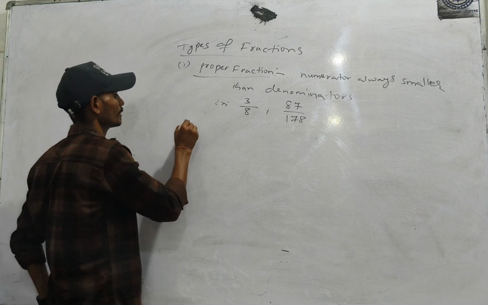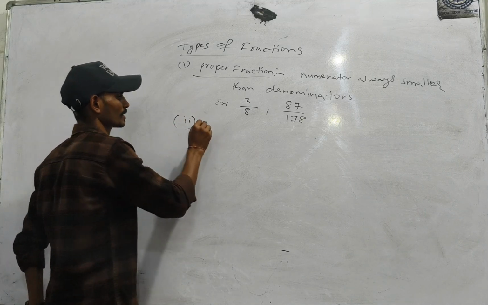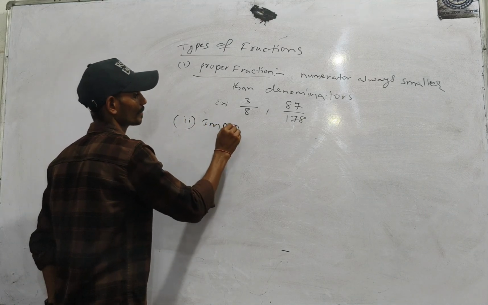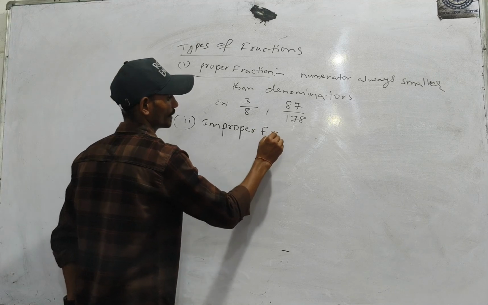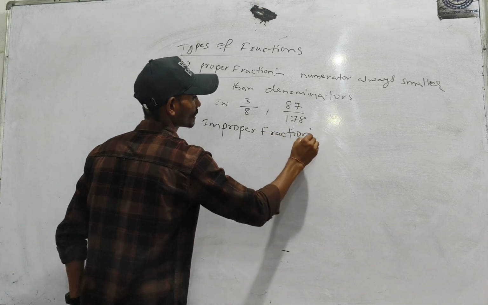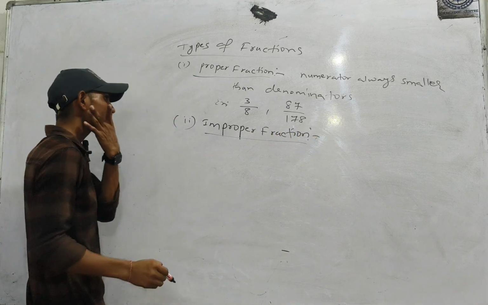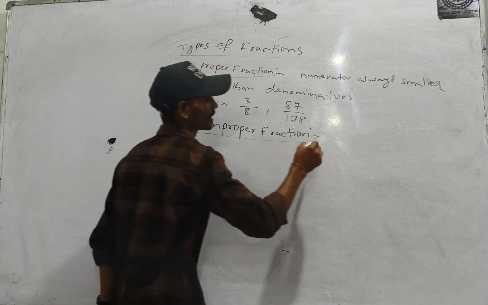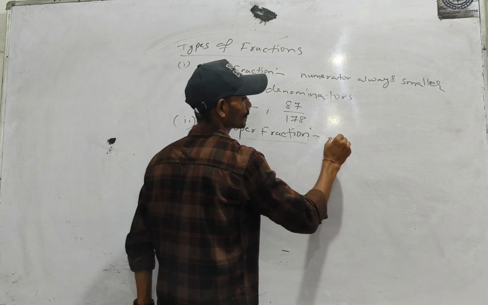These kinds of fractions are proper fractions. Okay. Next, improper fraction is the reverse of proper fraction. Improper fraction means numerators are always greater than denominators.